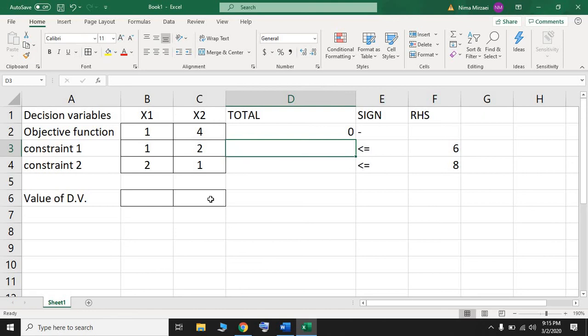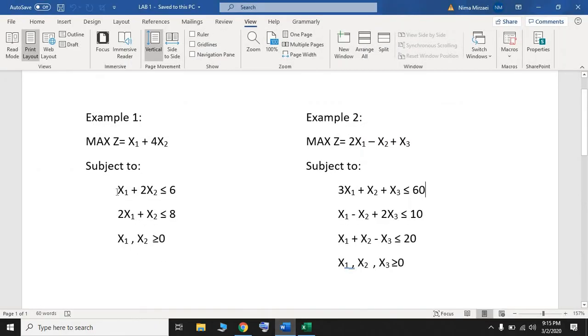For the first constraint, we have to do it the same way: 1 multiplied by x1 plus 2 multiplied by x2. This is the left hand side of the constraint.